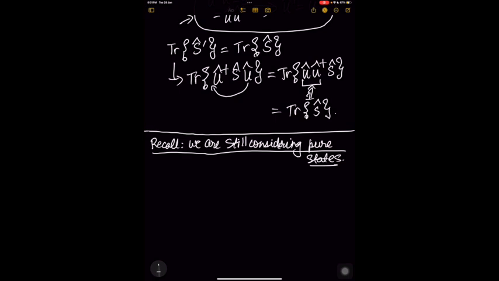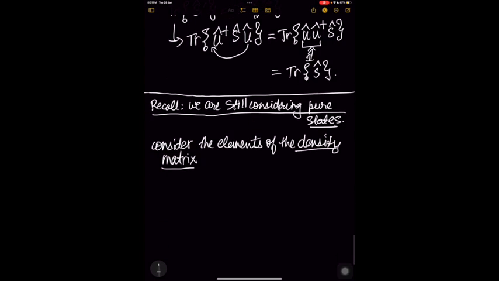So now consider the elements of the density matrix, I should say in this case. You take the density operator and consider a specific basis, so you get the elements of the density operator in that basis.